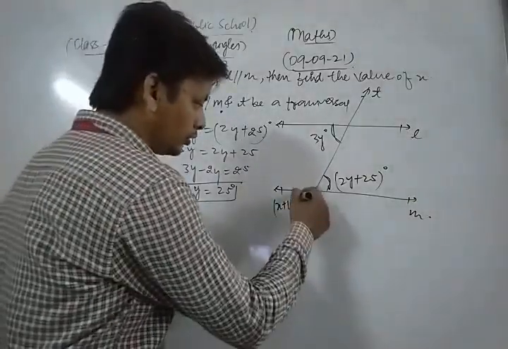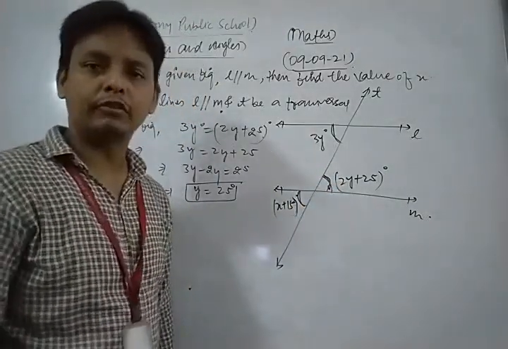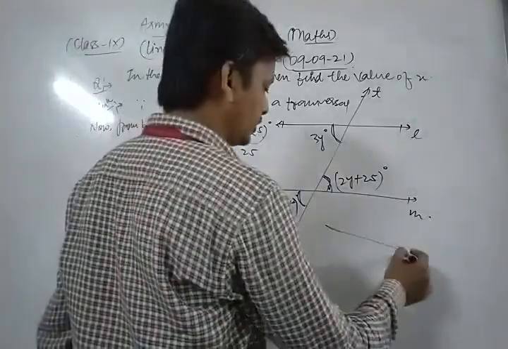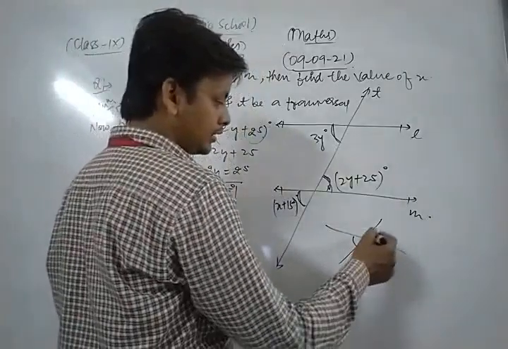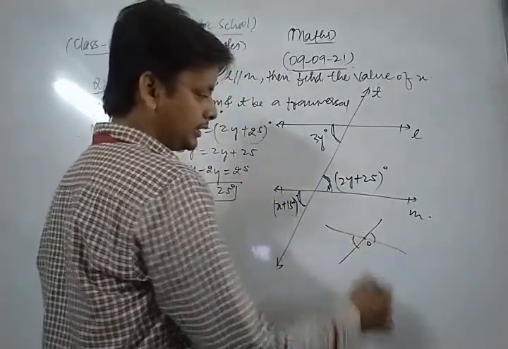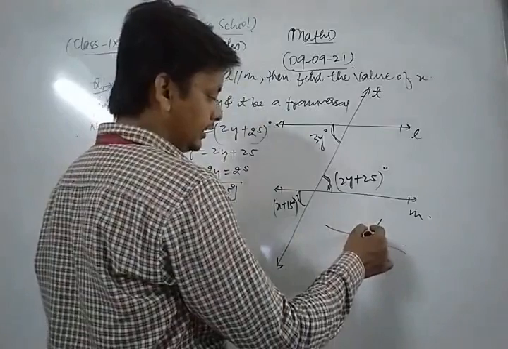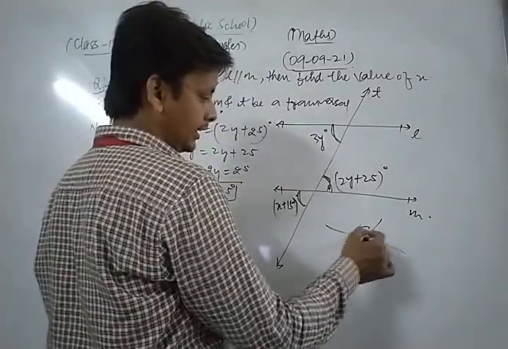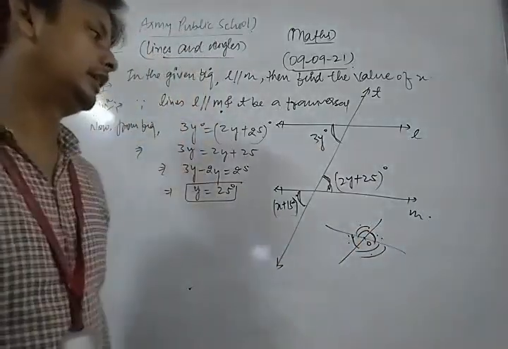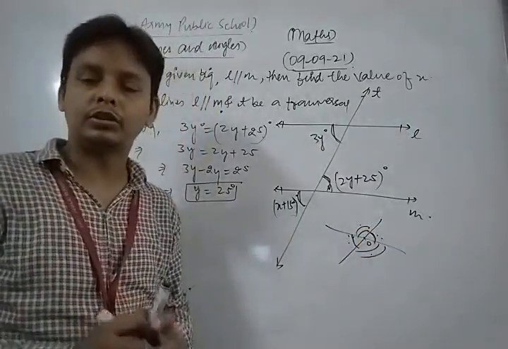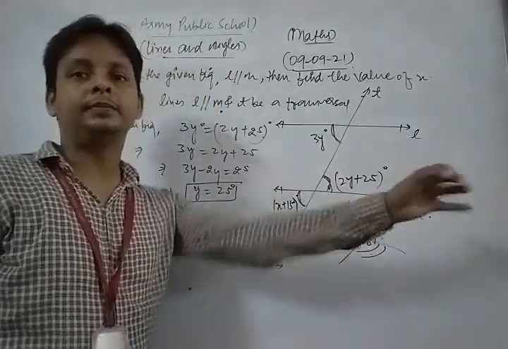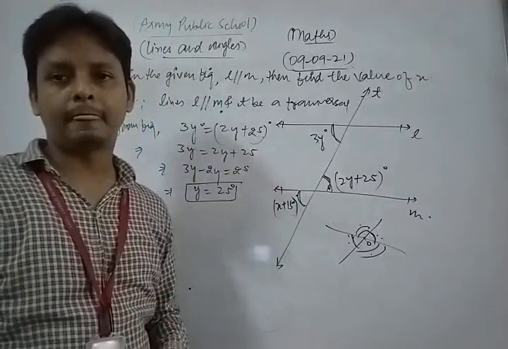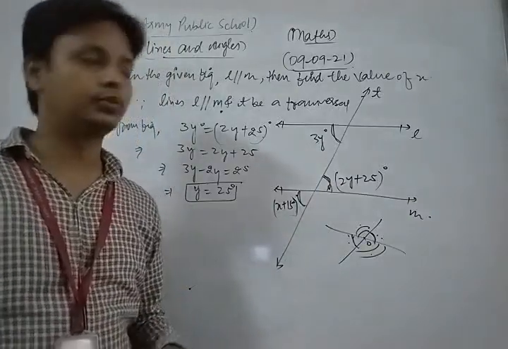Now look, these are a pair of vertically opposite angles. Vertically opposite angles form when two lines intersect each other at a point. This angle and this angle are a pair of vertically opposite angles, and a very important theorem says that vertically opposite angles are equal to each other.